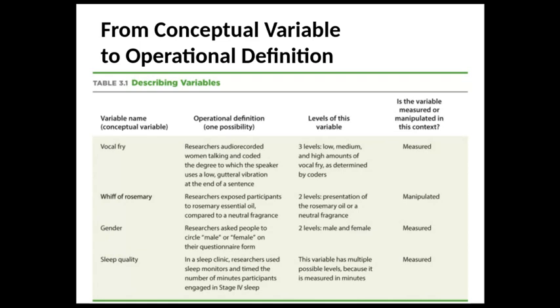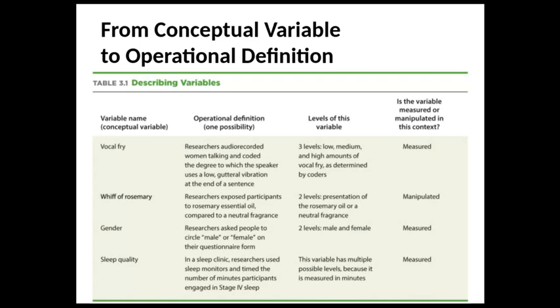So, in this case, the first variable on the left, as you can see here, is called vocal fry. And that is a sort of tone in your voice when you're talking. A vocal fry is kind of a low vibration at the end of a sentence, kind of like that. So looking at vocal fry, that's your conceptual variable.